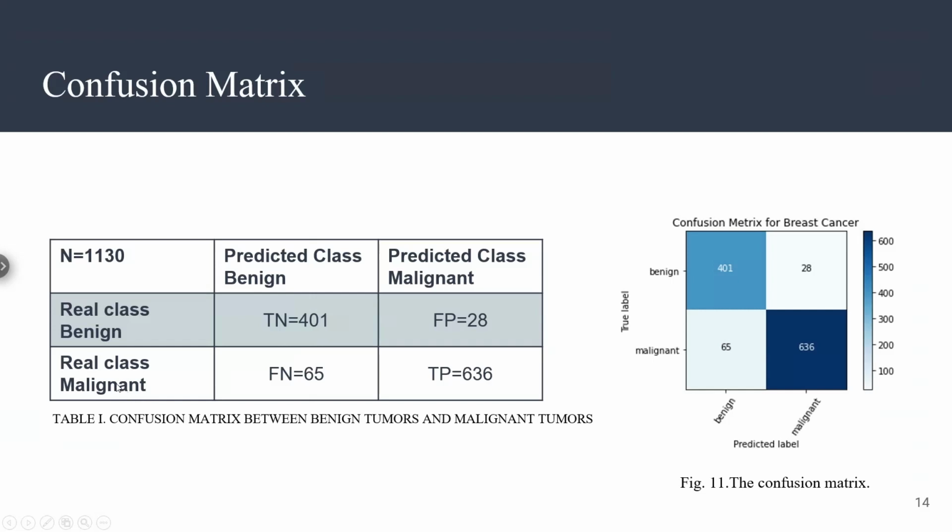Our total test images is 1130. Our true positive means you predicted malignant correctly, so that's 636 images, and the true negative is 401 images. The picture on the right side is what we got from running the program, and it is the same as the left side.